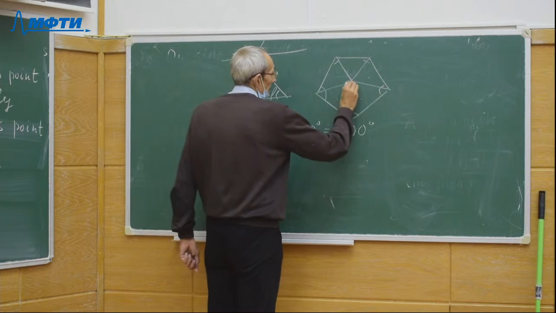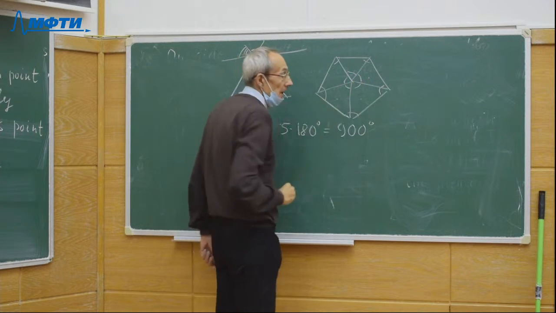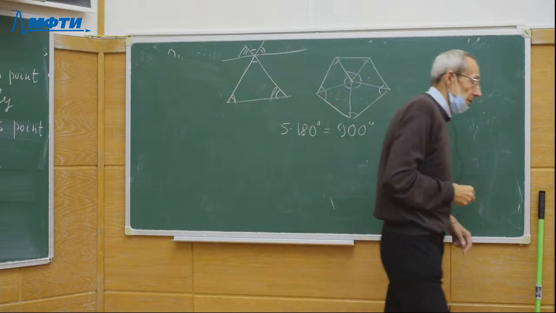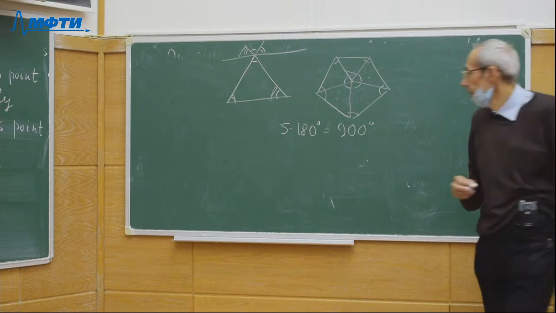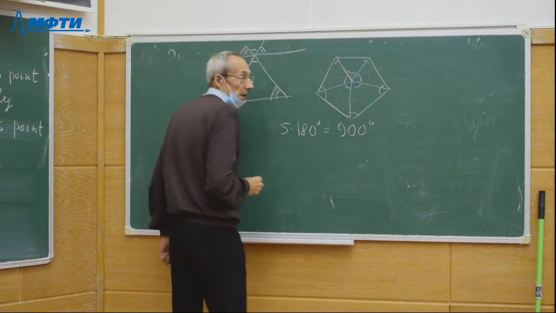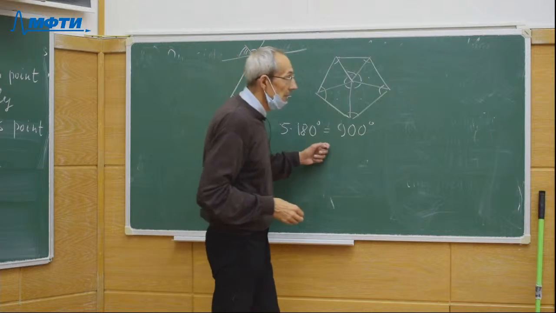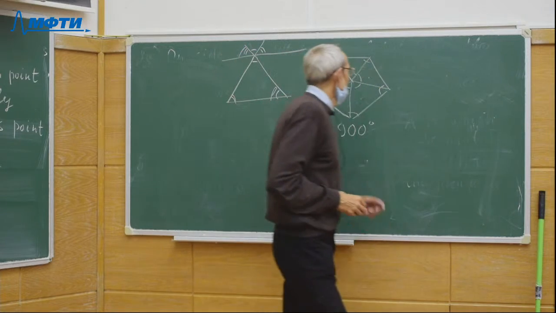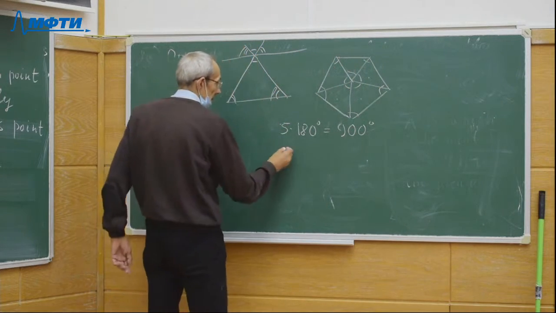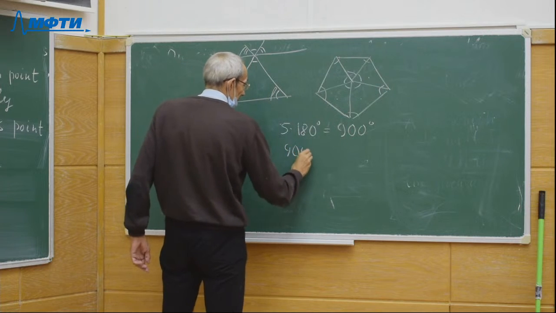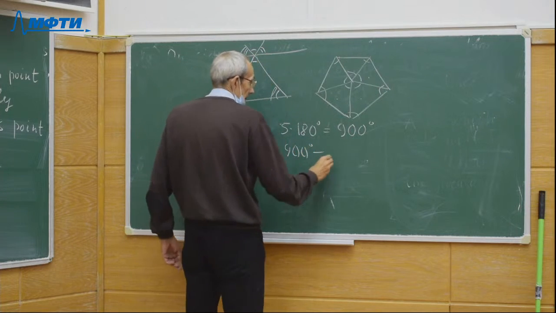But the sum of these angles with one common vertex is equal to 360. And the sum is the difference between this value and this value. And we have 900 degrees minus that.